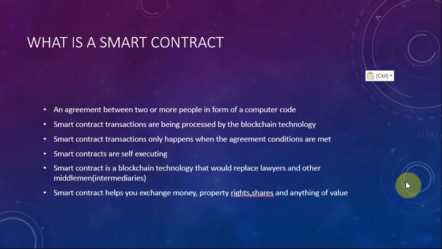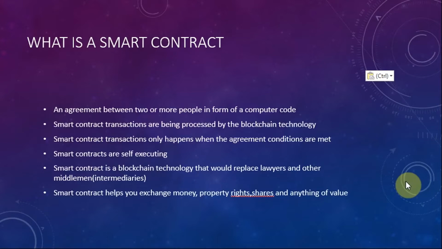For example, let's look at a voting kind of smart contract. Imagine a system where people can vote for their choice of a candidate, without government agencies like electoral bodies acting as intermediaries.